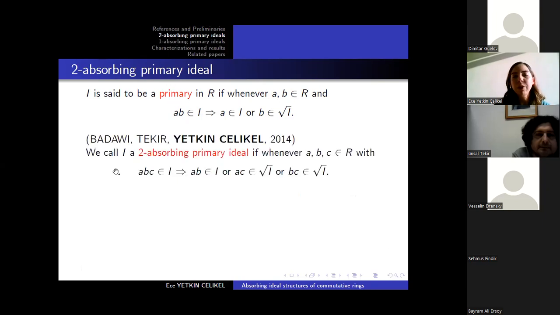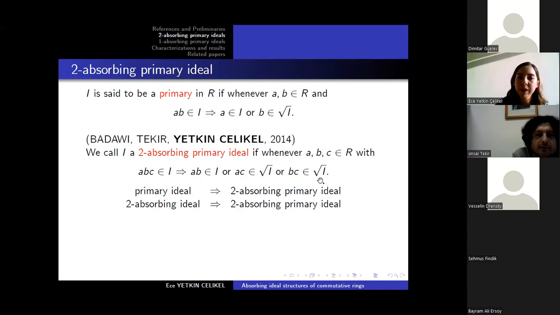We can call I two-absorbing primary if, whenever you have three elements whose multiplication belongs to I, then one of the double products AB belongs to I, or if it is not, the other double products should be in the radical.